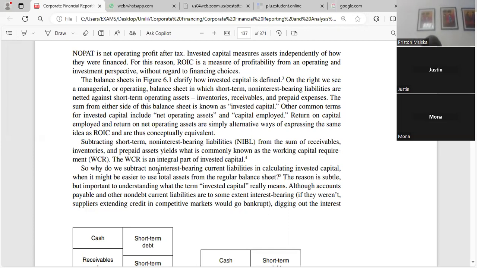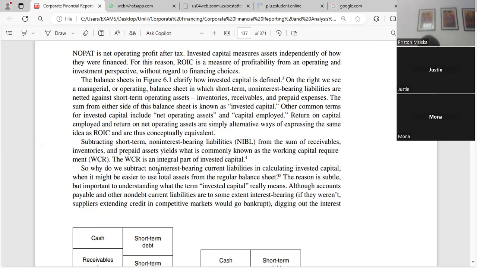Company B makes sales volumes of 500 million. And at the end of the year, it declares a profit of 100 million. Sales volume of 500 million, profit is 100.